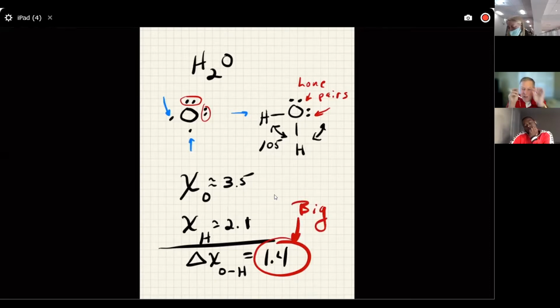So whereas in methane, we had a tiny little delta plus, delta minus, not here. The oxygen is hugely electronegative. The hydrogens are massively positive. So that led to a big, big difference in charge here.